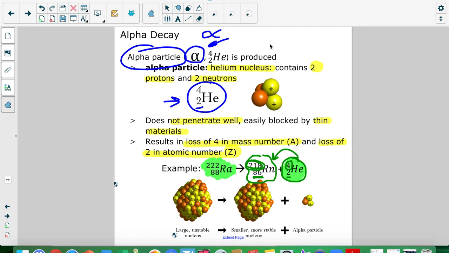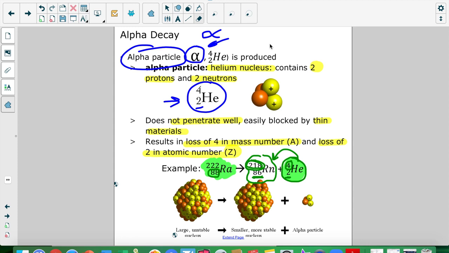Now, if you look at the nuclear equation here, remember how the atomic number and the mass number were conserved? Keep this in mind. Every time you have a nuclear reaction like this one, if you add the atomic numbers of the products, they will have to add up to the original atomic number.